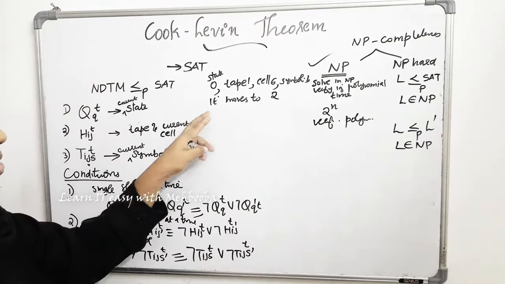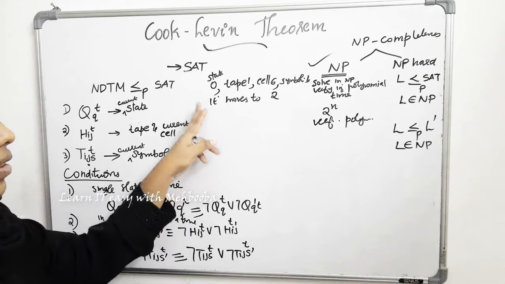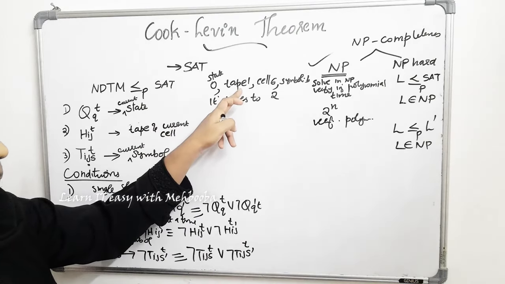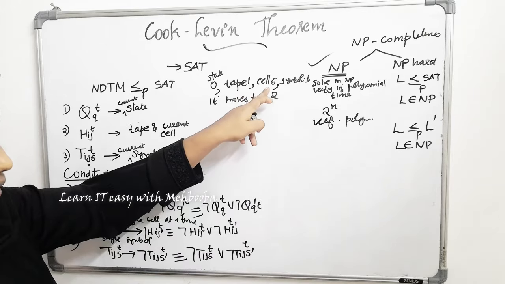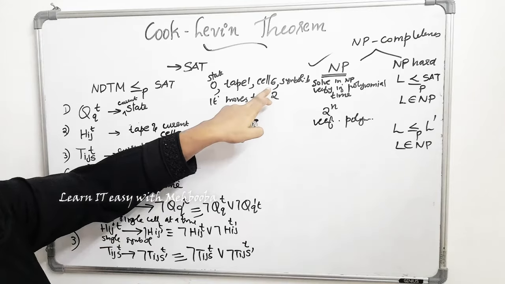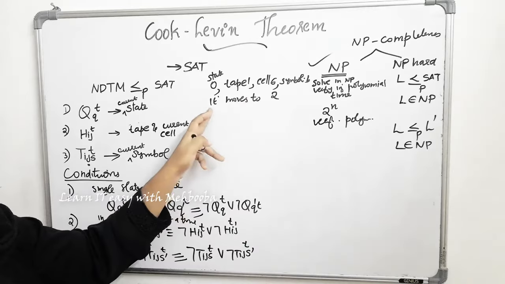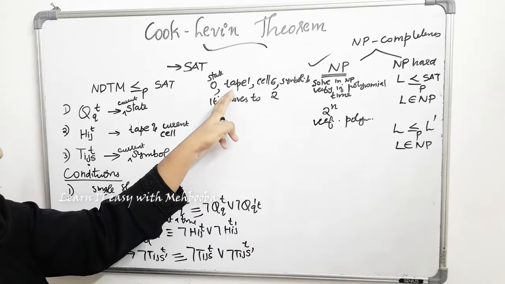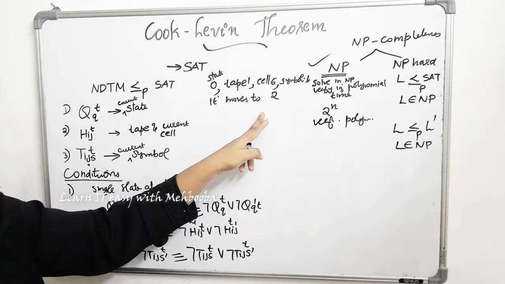If this is the transition we want to represent, that is, the current state is state 0, current tape is tape 1, current cell is cell 6, current symbol is b, then in this configuration it needs to move to state 2.